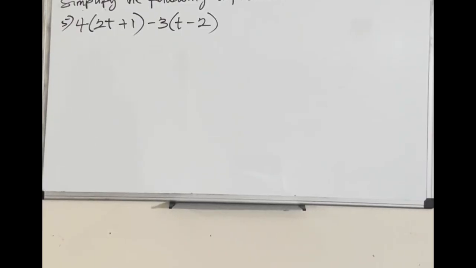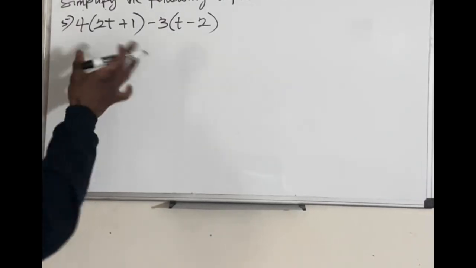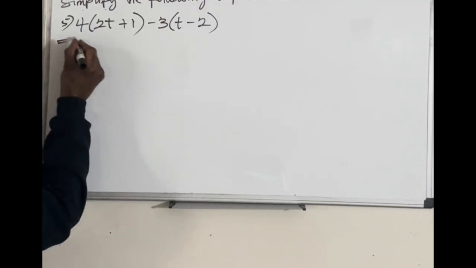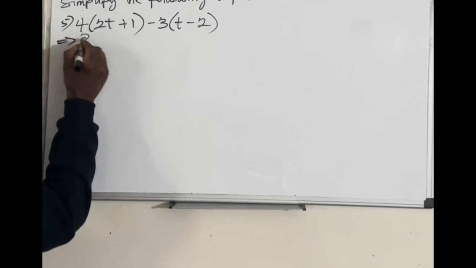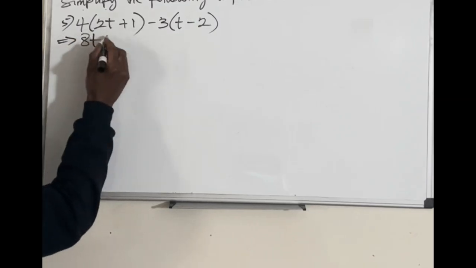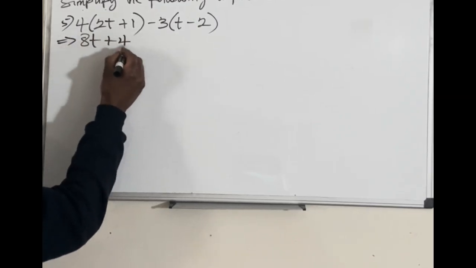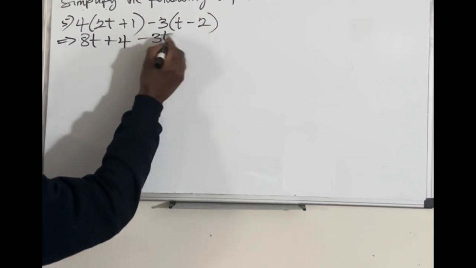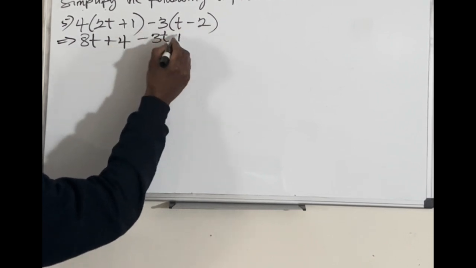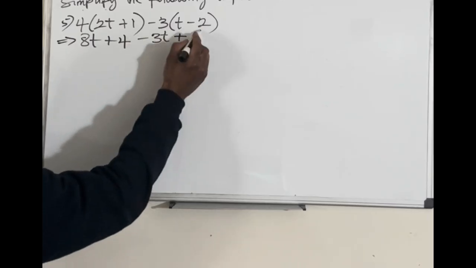So the fifth question, question 5. We take off the brackets. 4 times 8t, 4 times 1 is 4, minus 3t, negative negative is what? Positive, 3, 2, 6.